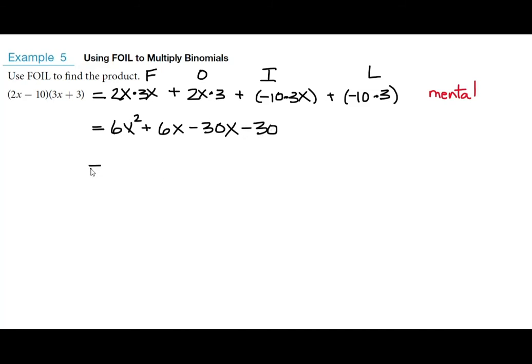And then what I need to do is write this in simplified form or standard form. So 6x squared, I combine the like terms, so plus 6 minus 30 is minus 24x minus 30.